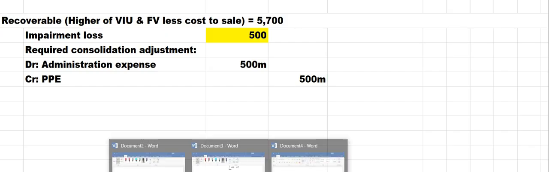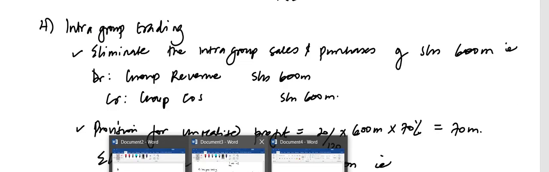So let me take you to my workings. This is going to be working 6, provision for restoration costs.